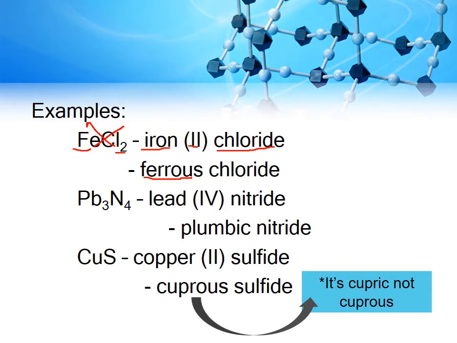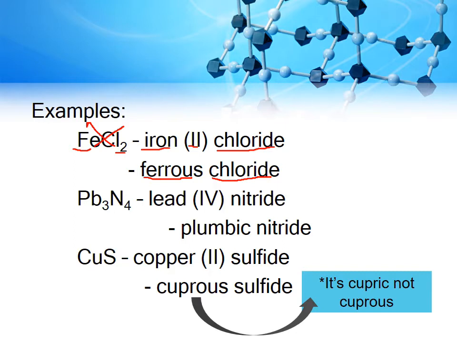In this case, we will also be using the Latin name of the metal, which is ferrous, followed by the name of the nonmetal that ends in IDE, which is chloride. Hence, the name of this is also known as ferrous chloride.